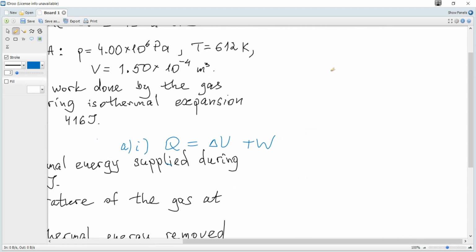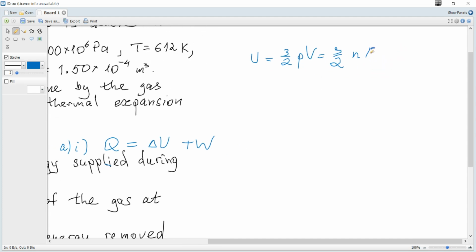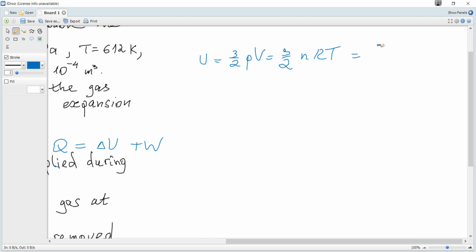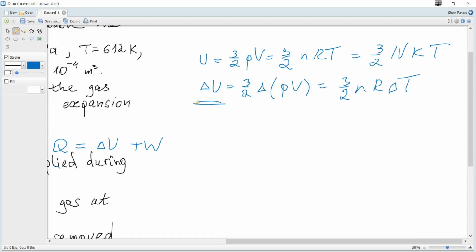The formulas for the internal energy: it's 3/2 PV, or 3/2 nRT, where n is the number of moles, or 3/2 NkT, where N is the number of particles, molecules or atoms. Hence the change in internal energy is 3/2 change in PV, meaning P2V2 minus P1V1, or 3/2 nR delta T. You can see that delta U depends directly on change in temperature, or on temperature only.